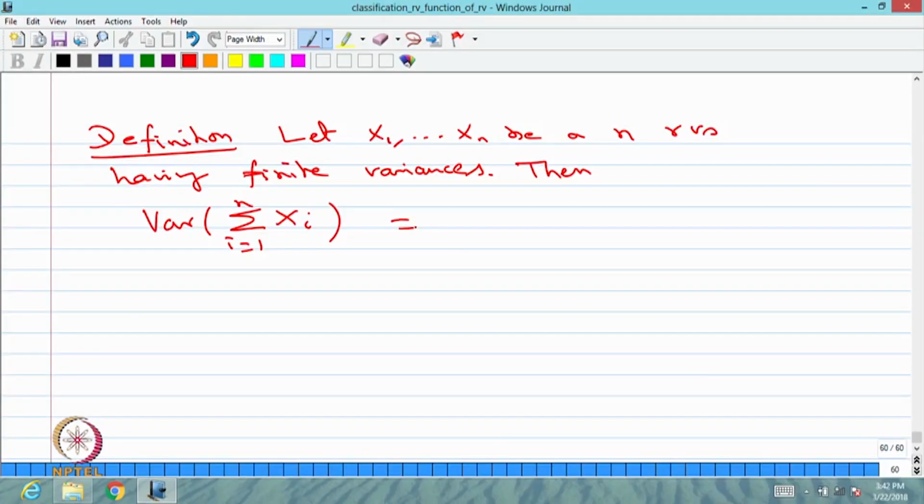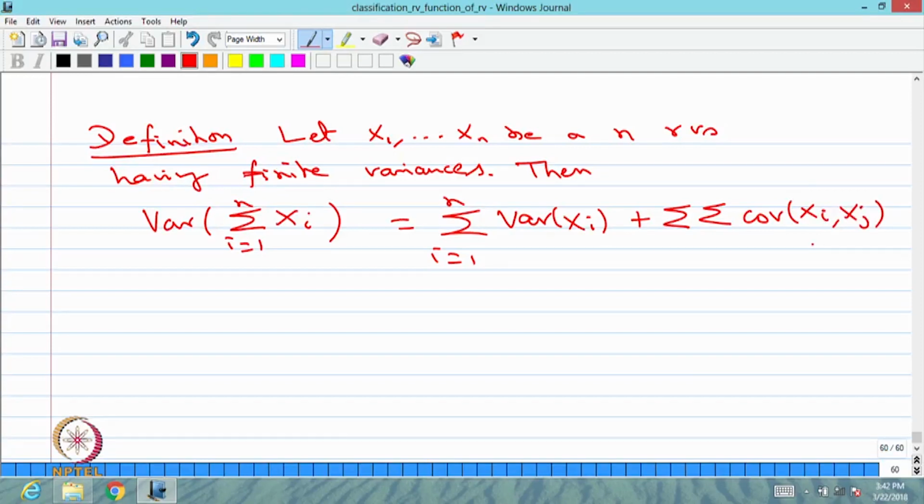That is going to be the individual variances plus the double summation over the covariance between any two random variables, provided i and j are not equal.